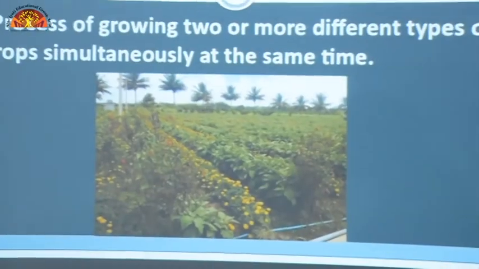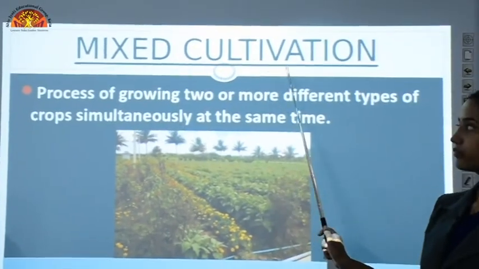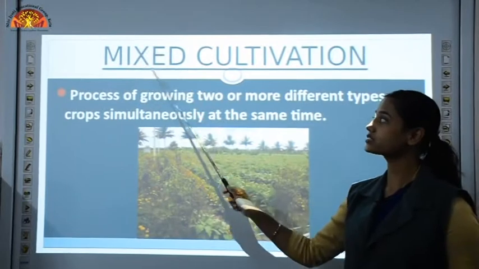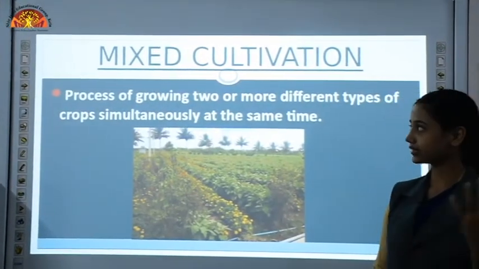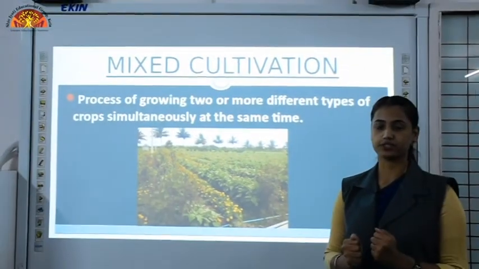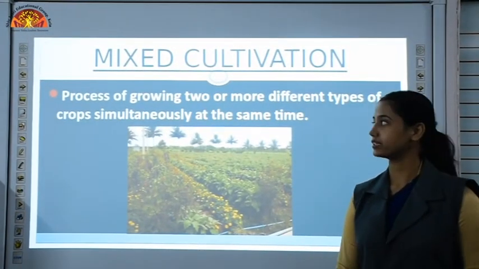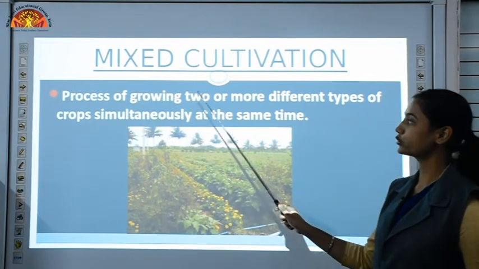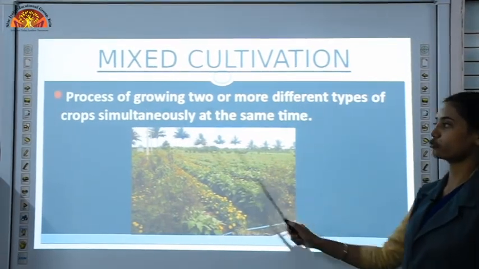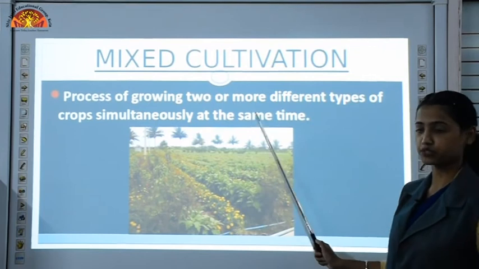Understood? The next is mixed cultivation. By this term mixed, you can get that we are mixing crops. We are growing different types of crops on the same field. So the process of growing two or more different types of crops simultaneously at the same time.